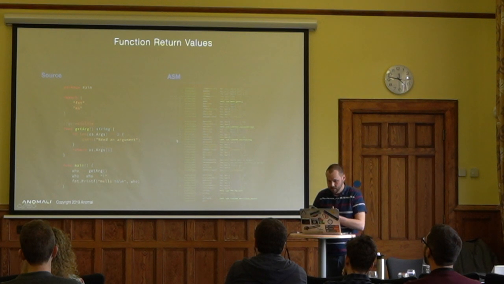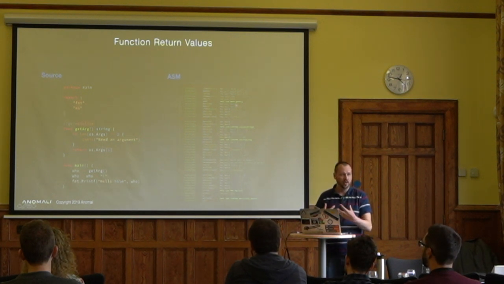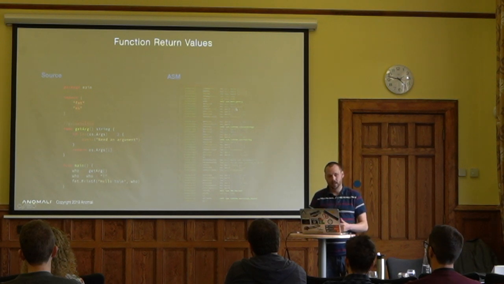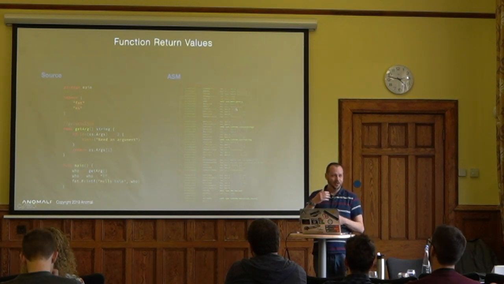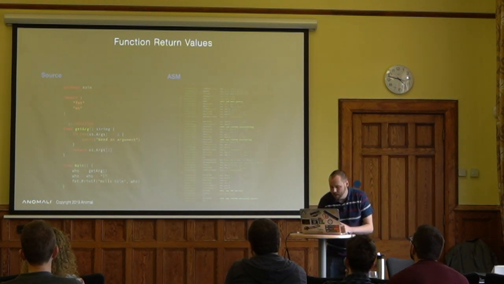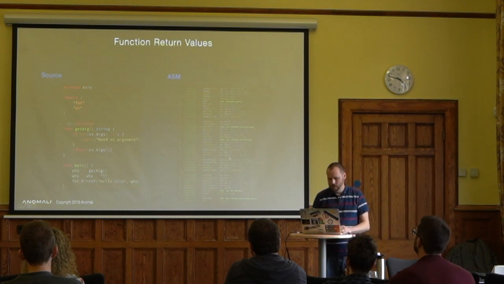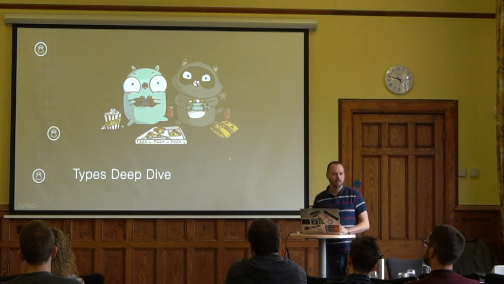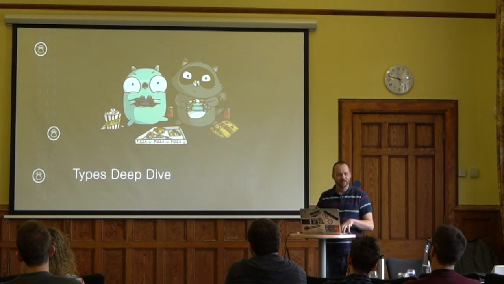Here's the call, getting an argument off to call this function, and it will pull the return values off directly from the stack. So function returns and function arguments are all put on the stack and pulled back the same way. That's a little bit how it's different compared to assembly generated by C.